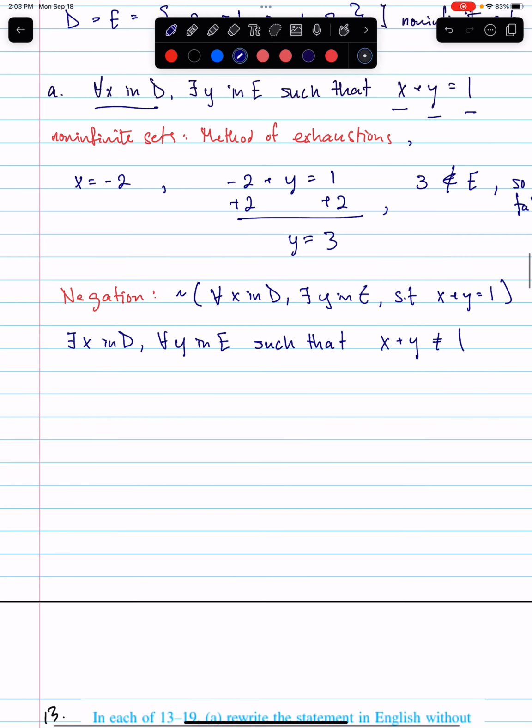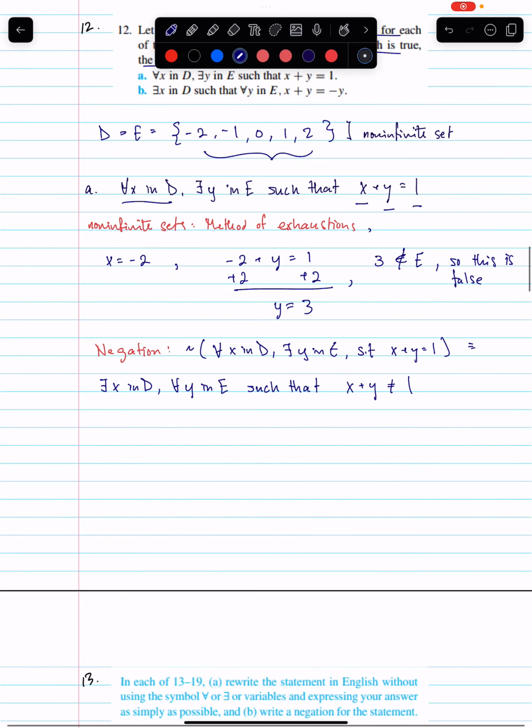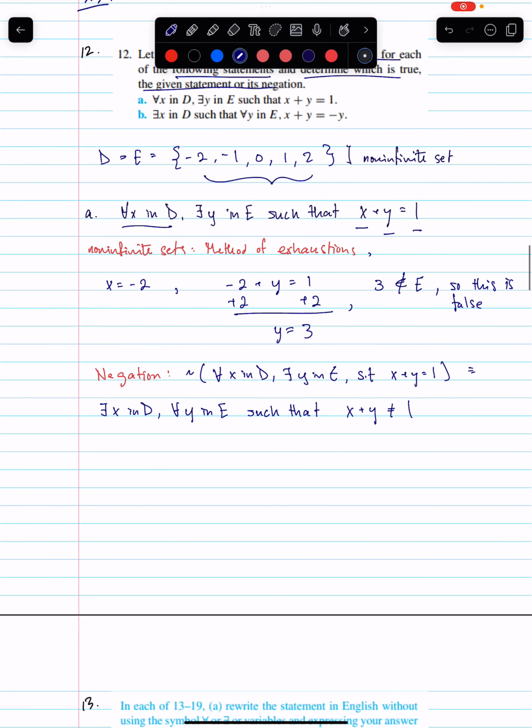Alright, so that's negation. So now we could try this actually. There exists some x in D, right, that for every y, x plus y does not equal 1. So for every y in E, let's just say -2 equals y.